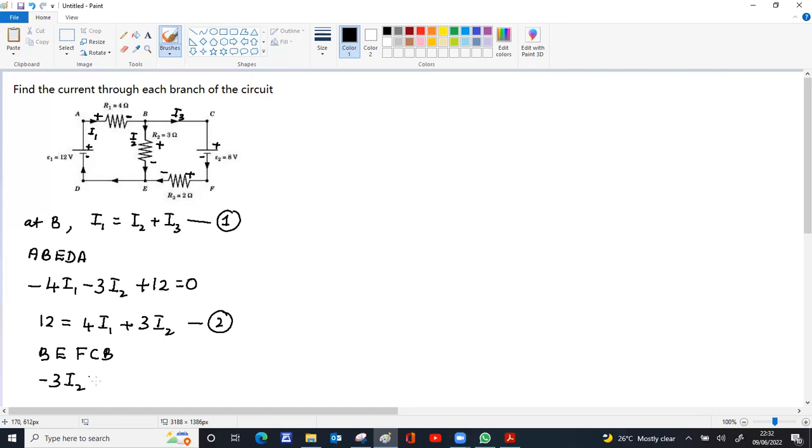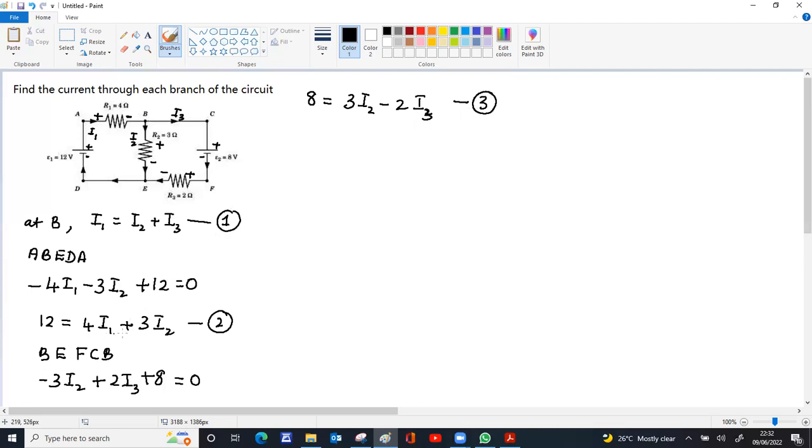So plus 2, the current in that branch is I3. Now F to C, entering through the negative, leaving from the positive of the cell. So plus 8. C to B, nothing. So this should be equal to 0. If you rearrange it, 8 is equal to 3I2 minus 2I3. Equation number 3.